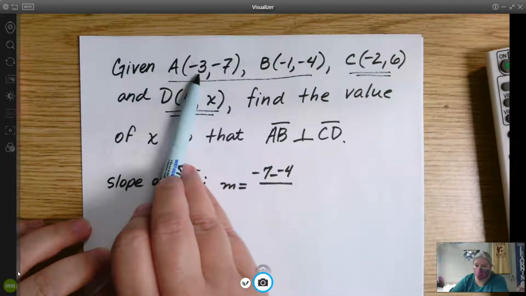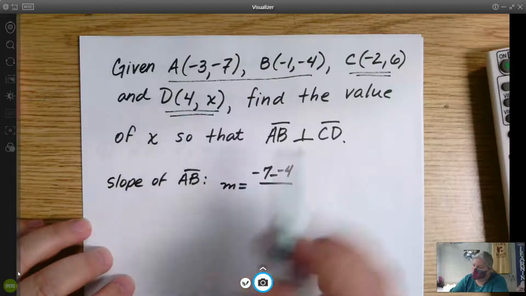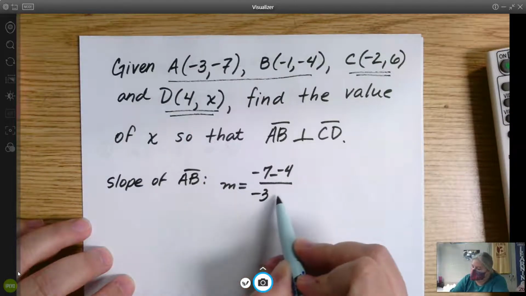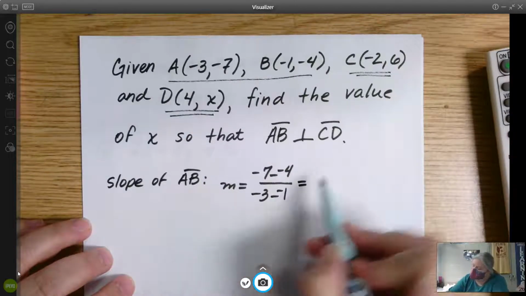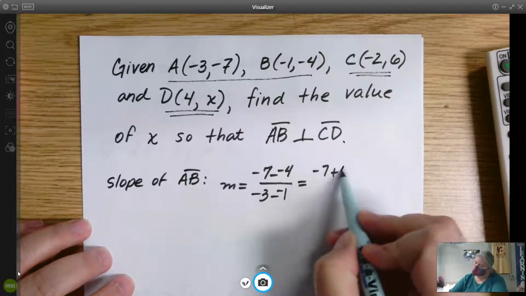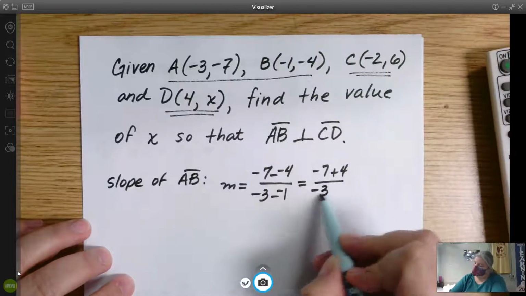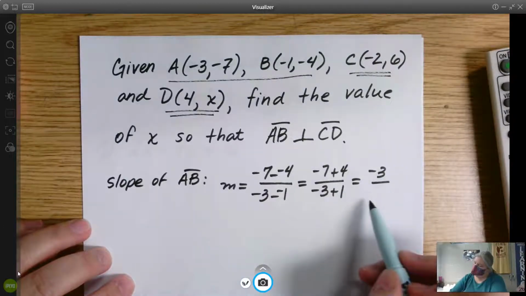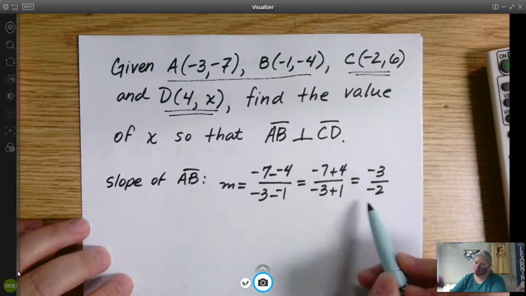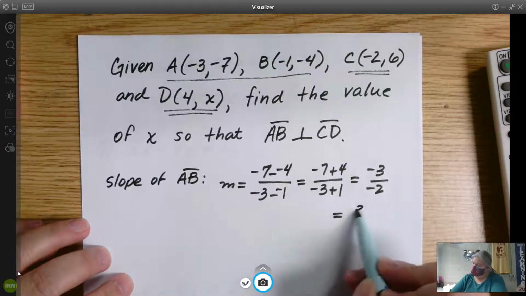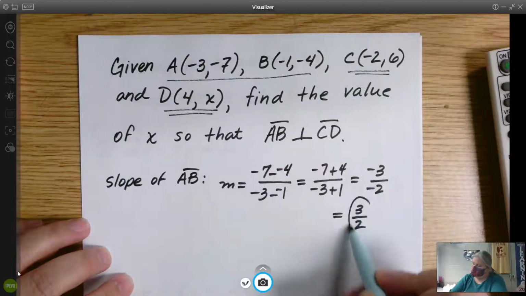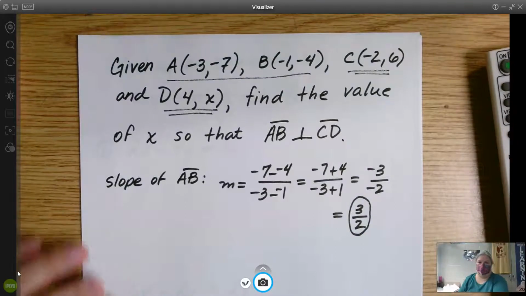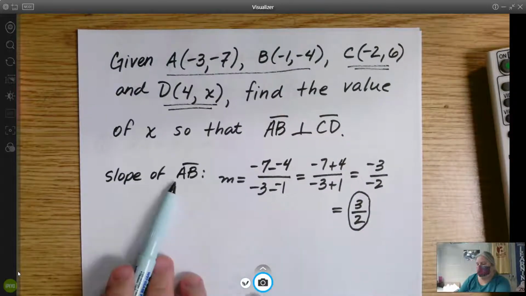I have to start with the same point that I started with for the y's. So -3 minus -1. That's -7 plus 4, -3 plus 1, -3 over -2, or 3/2. A negative divided by a negative is a positive. So that's the slope of AB.